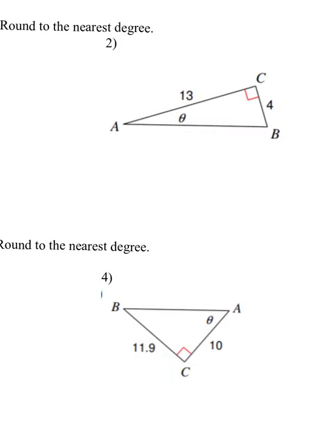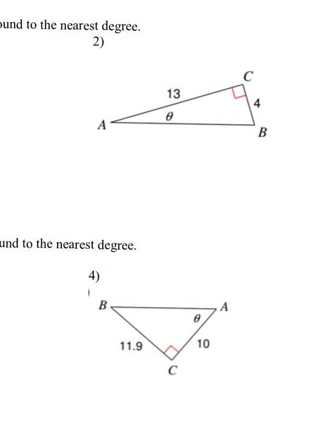Now if we look at example number 2, same exact thing. They want you to find theta. So this is my opposite, this is my hypotenuse, this is my adjacent. I have an O and an A, so that is my tan. So tan of theta is equal to O over A, so 4 over 13.